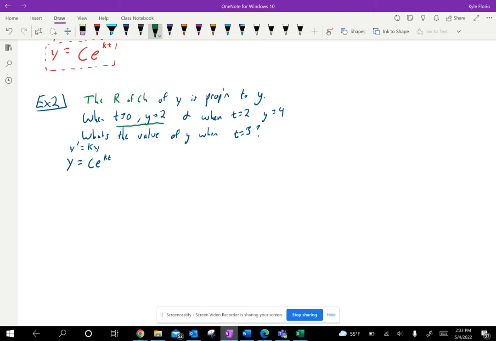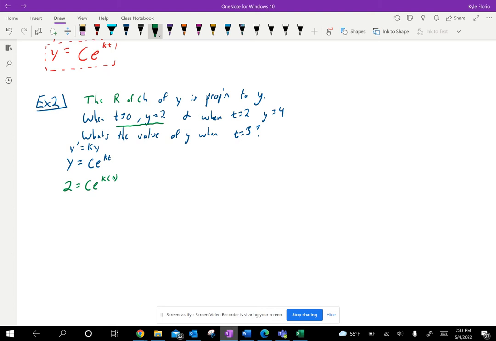Using this piece of information, I'm going to replace y with 2 and t with 0, because I'm going to try to solve for c and k. I want to be able to plug 3 into this equation, but there's a k and a c that I don't know.